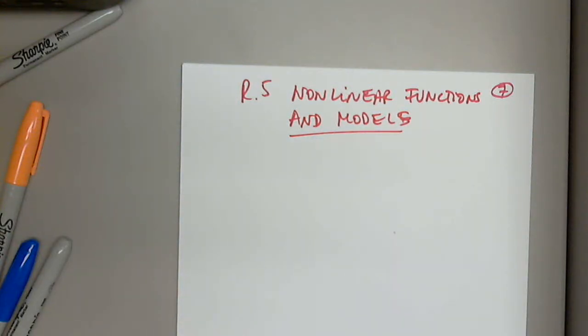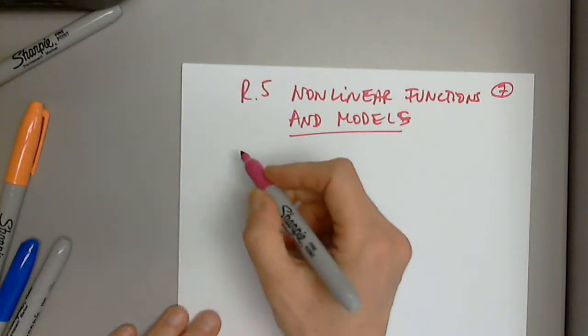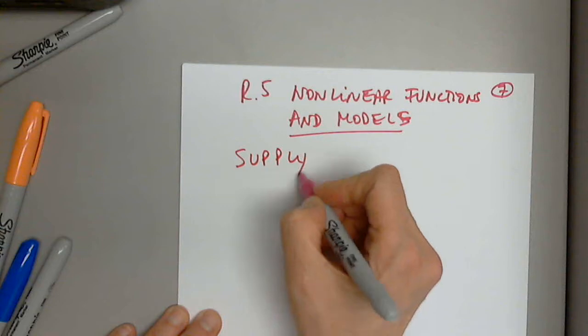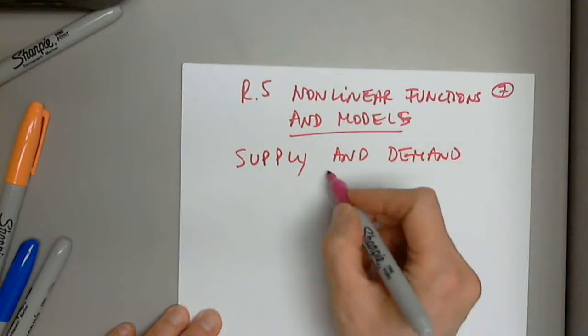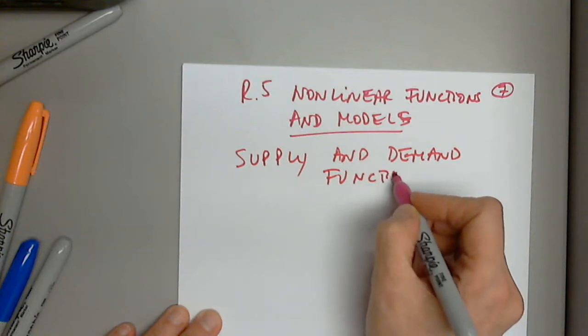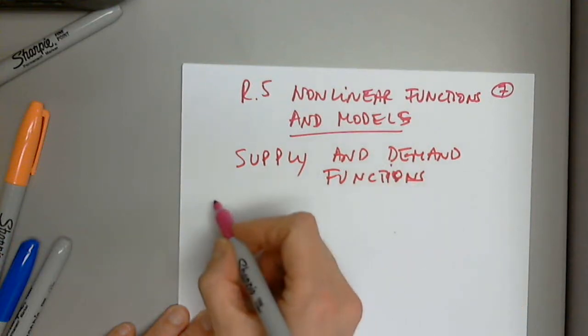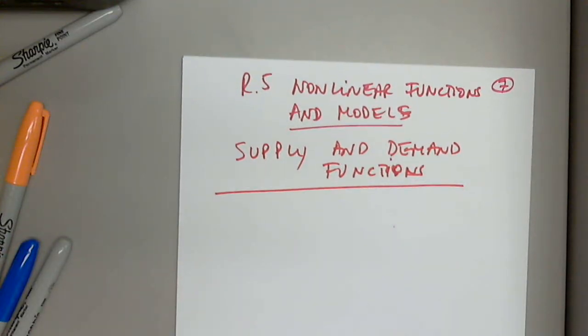Okay. On page 65, we are given a supply function and demand function. Okay, let's talk about supply and demand functions. Because we need this for later.